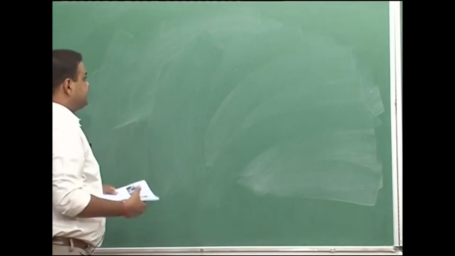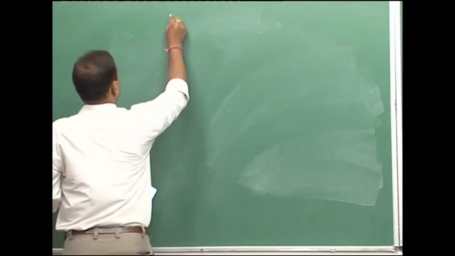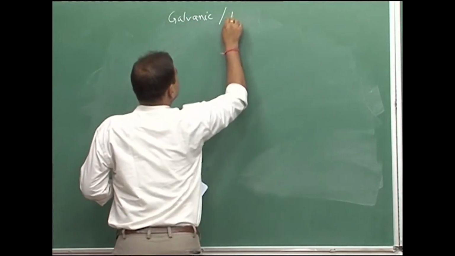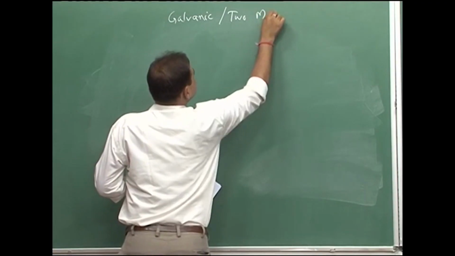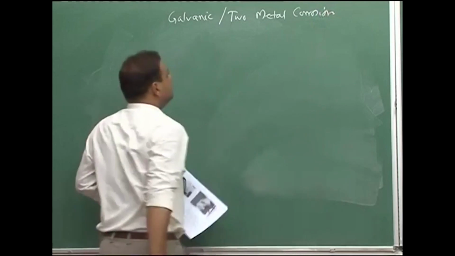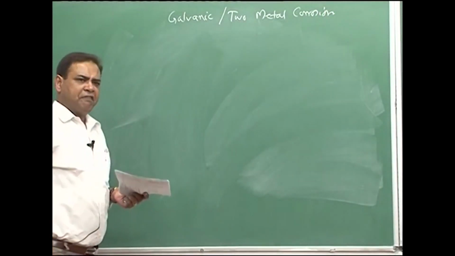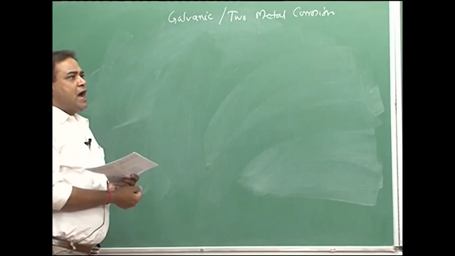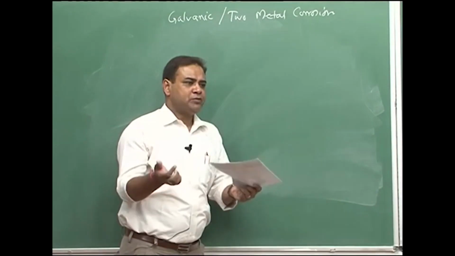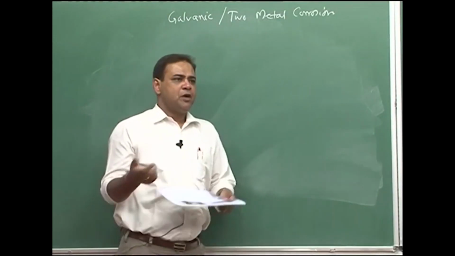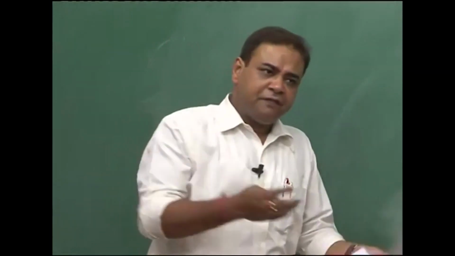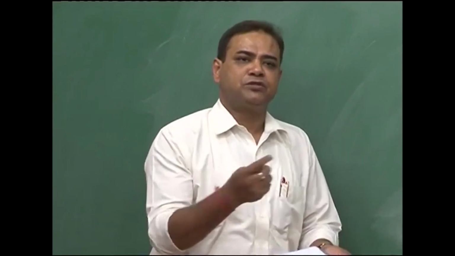The first example of localized attack is galvanic or two metal corrosion. Galvanic corrosion is a very common form of corrosion, and since one particular metal cannot be used for structural applications, most of the time you need to use many different metals or alloys in your structure.